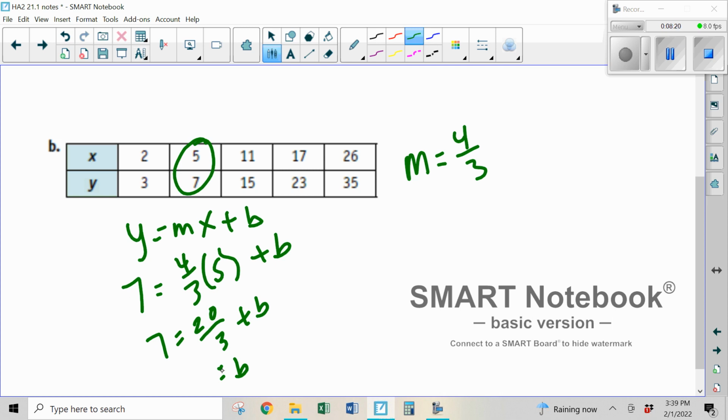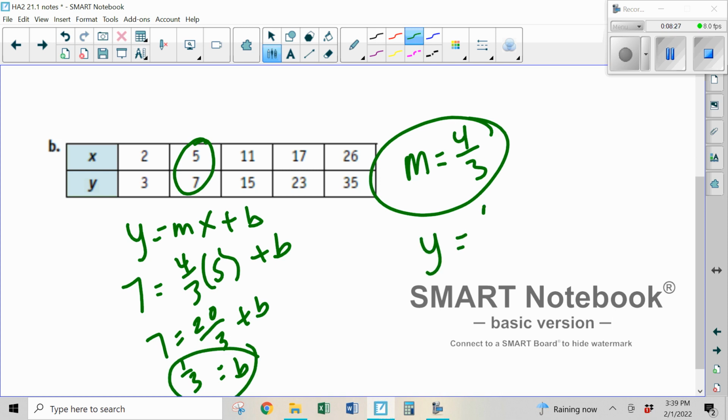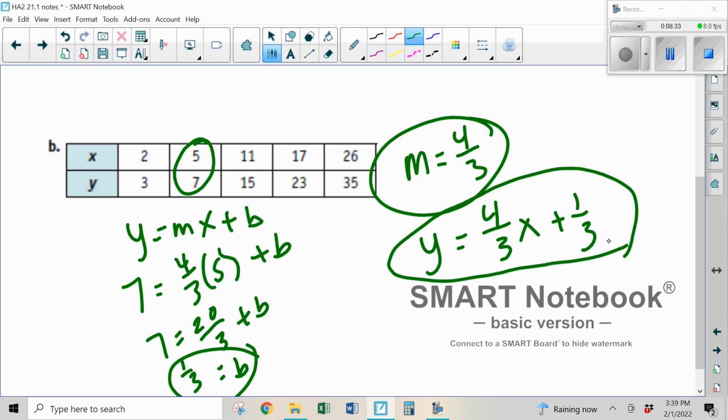That's 1/3. I combine my slope and my intercept to make an equation. Y equals mx plus b. Because this is a fraction, this should be a fraction. We don't want to mix fractions and decimals within the same equation.